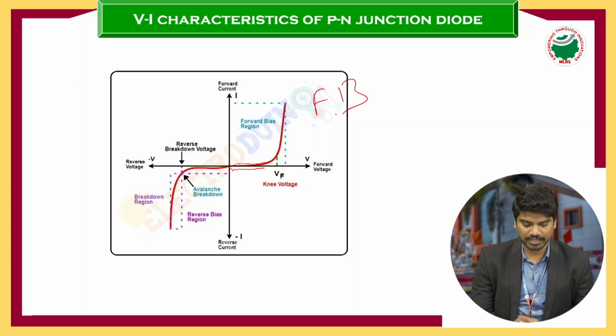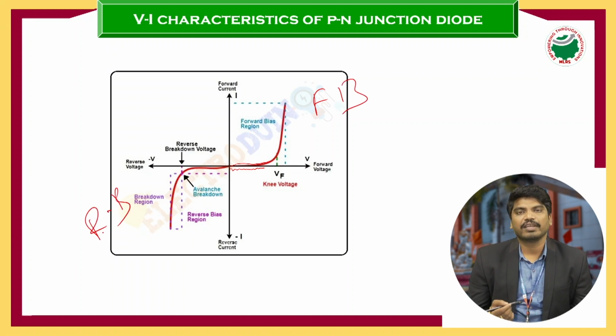This is the forward bias and this is the reverse bias. A little voltage is not sufficient to cross the barrier, so I should give a minimum amount of voltage to get the flow of current in the PN junction in forward bias.